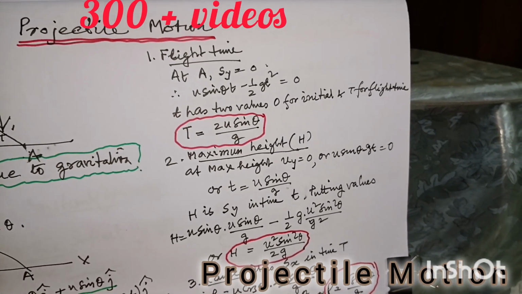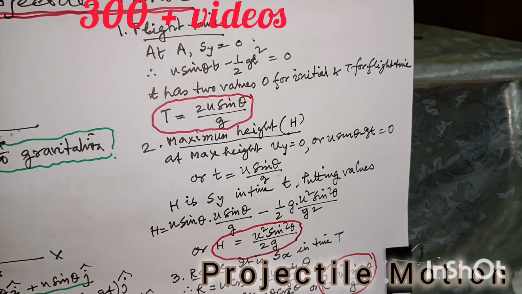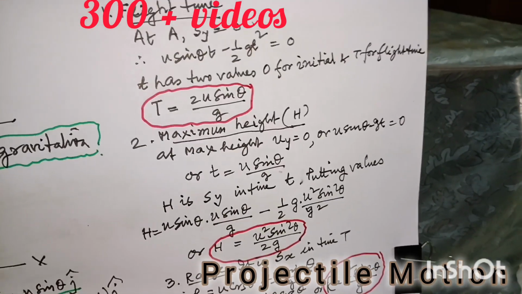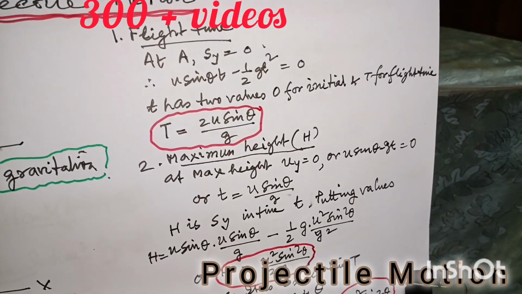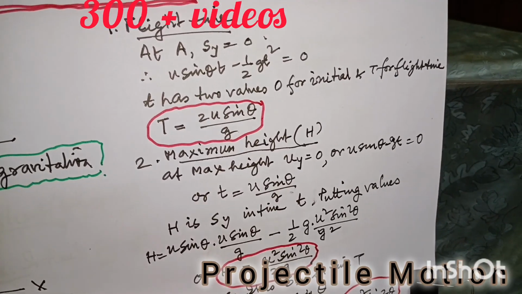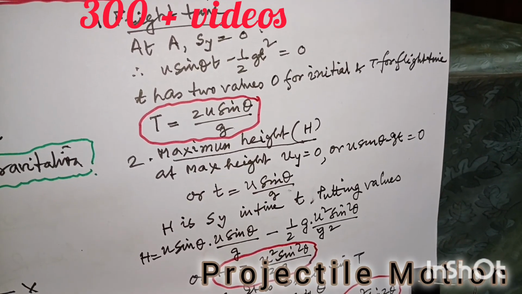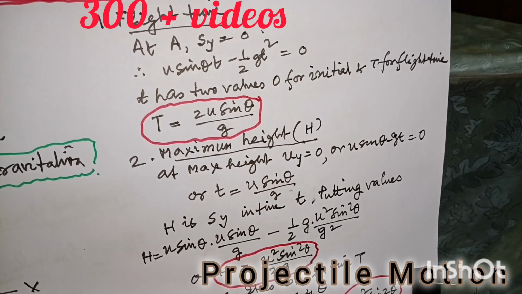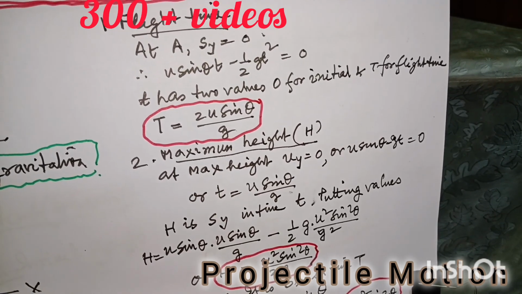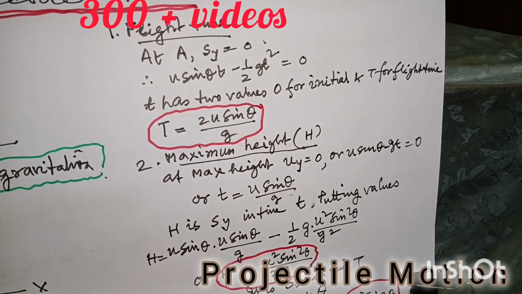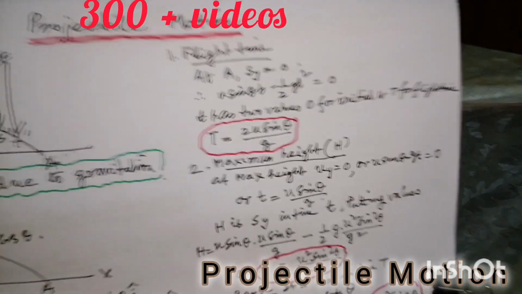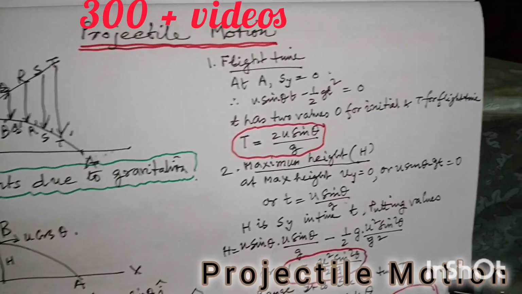Vy, which is u sin theta minus gt, becomes equal to 0. If we put u sin theta minus gt equal to 0, we get t equal to u sin theta by g. That means this is the time when the projectile reaches the topmost point.